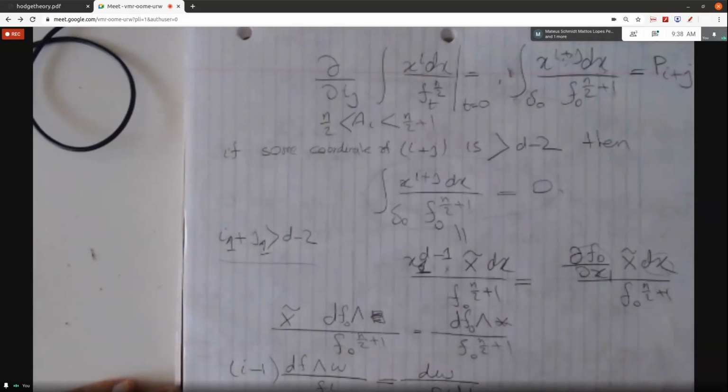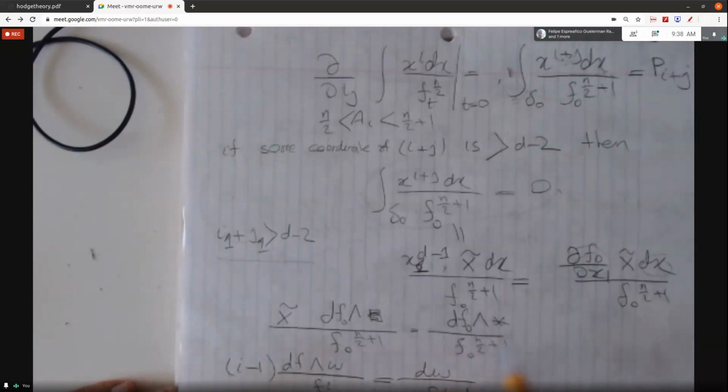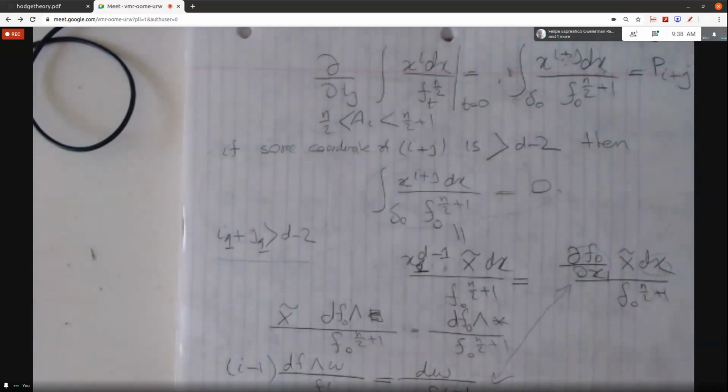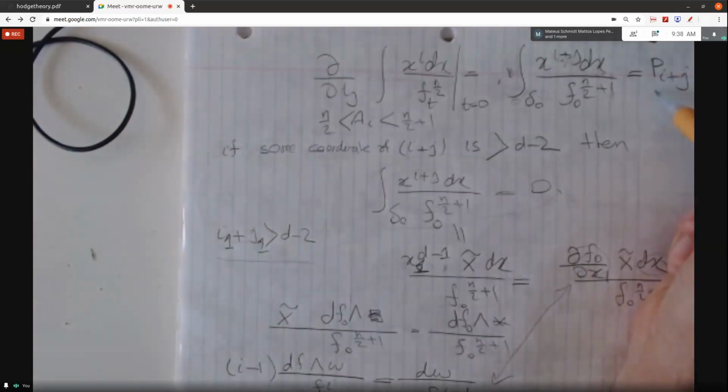But at the end of the day, you get integrals of differential forms of pole order strictly less than n half. But since your cycle is a Hodge cycle, such integrals are automatically 0. So this is a little bit of computation to do here, but this little computation will show that at the end pi plus g, when one of the coordinates of I plus g is bigger than d minus 2, it is 0.